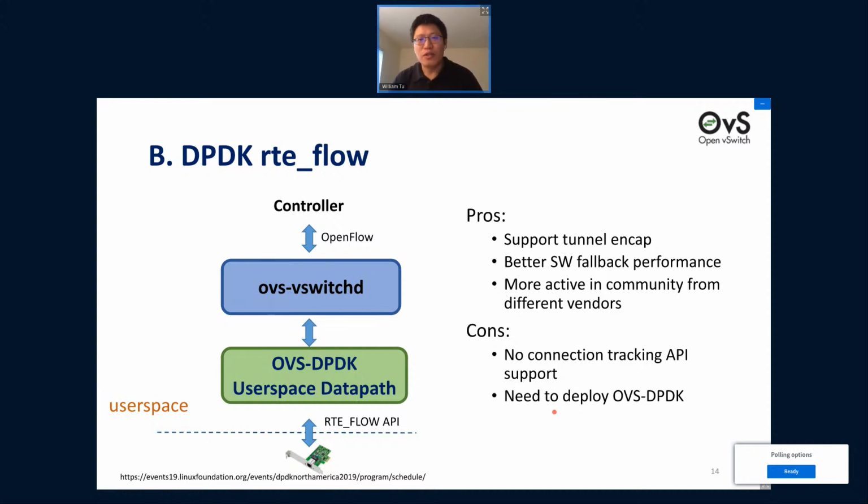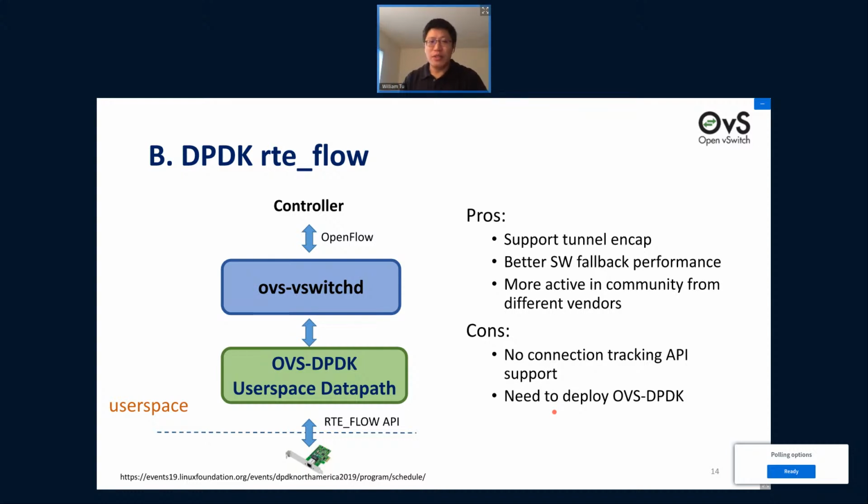One benefit of using this is that it has better software fallback performance. If a particular flow cannot be offloaded into the hardware, we can process it in the user space data path in OVS DPDK, which still shows around 9 or 10 million packets per second. And today we see more people testing this OVS DPDK with hardware offload.